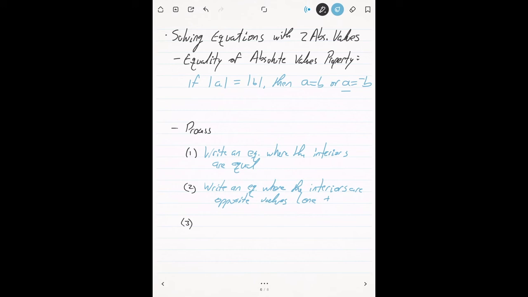One positive, one negative. Okay? So, once you have these two equations, you'll need to solve each of them for their value for x. Okay, you need to find what's the possible x value that would produce each situation. Let's take a look at some example problems and see how this process works.